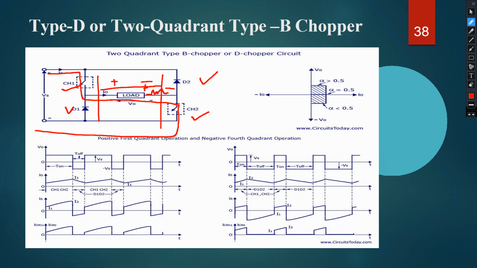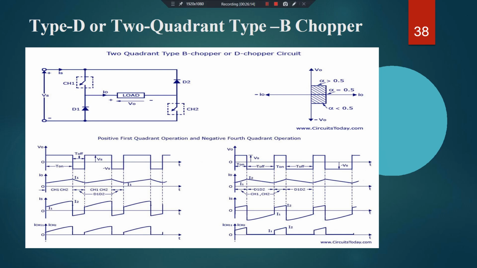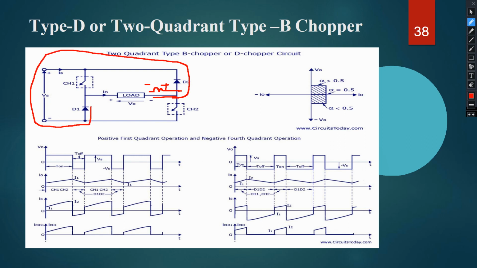But what will happen as soon as they are turned off? As soon as they are turned off, the inductor polarity would be reversed. And what will happen? Current will originate from the positive terminal, flow through the diode, and through the supply like this.